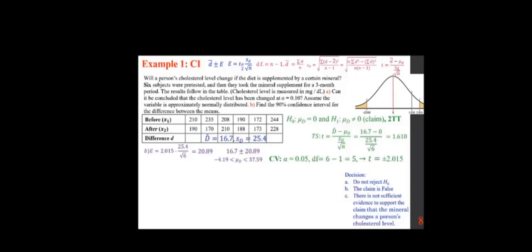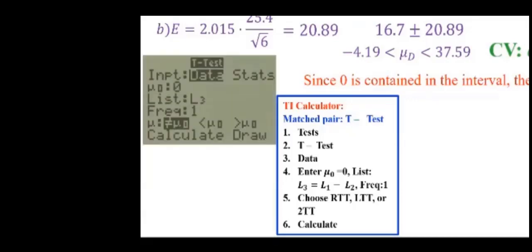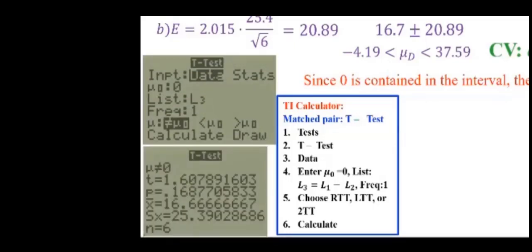Let's look at technology. Since 0 is contained in the interval, the decision is to not reject the null hypothesis H0. In other words, the same result. So we are dealing with the t-test. What we are entering for that is L3, which is L1 minus L2. When we input the data, it results in the following.